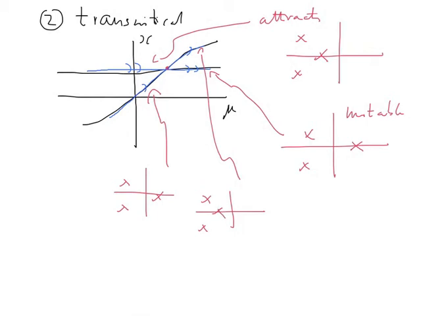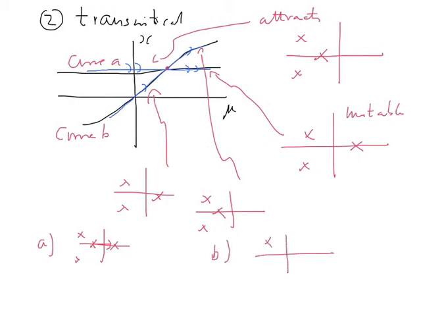So let's call this curve B and this curve A. Under A, there's an eigenvalue that has gone through 0 from the left to the right, and under B the opposite has happened: an eigenvalue has gone from the right to the left.